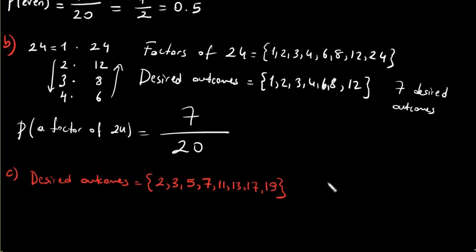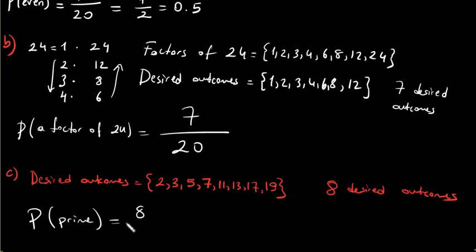So what is the number of desired outcomes? 1, 2, 3, 4, 5, 6, 7, 8. 8 desired outcomes. So the probability of getting a prime number is going to be 8 over 20.